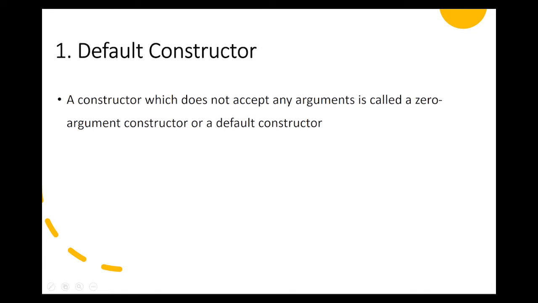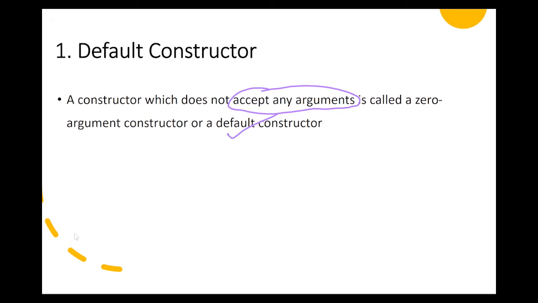So what is a default constructor? A constructor which does not accept any arguments is called a zero argument constructor or a default constructor. Remember this, whenever there is a constructor where we are not accepting any arguments, we will call it a default constructor.